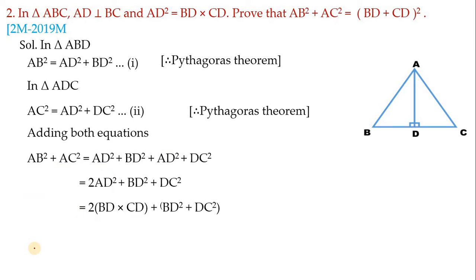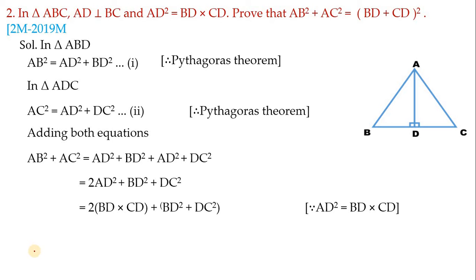Now observe very properly and understand clearly. This whole thing is in the form of a square plus b square plus 2ab form, children, isn't it? Look at here. This is 2, this is a, and this is b, and this is a square, and this is b square. I repeat again, children. So here a value is BD, b value is DC. So a square plus b square plus 2 into a into b. But here it is not in proper arrangement. So let me arrange properly first.